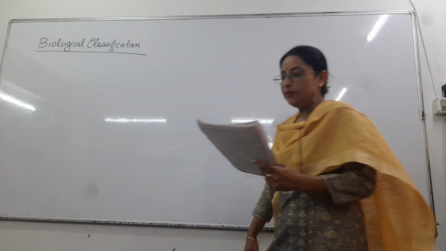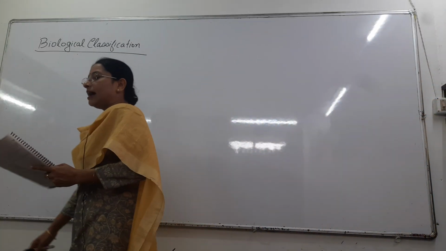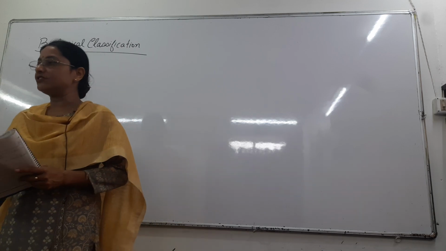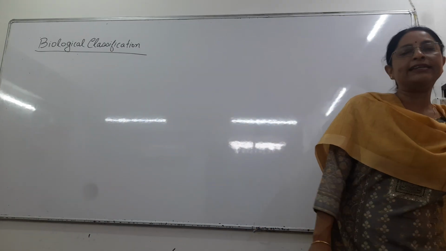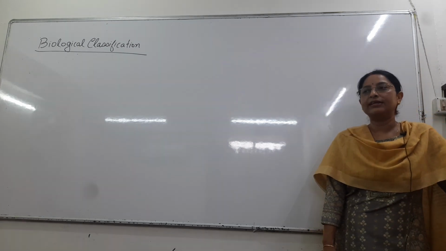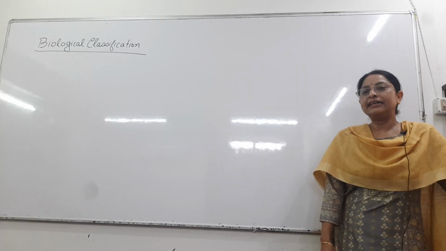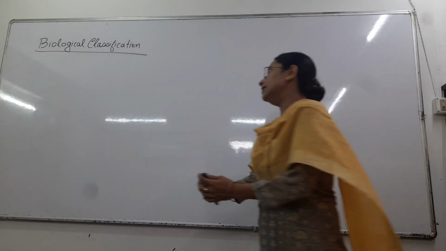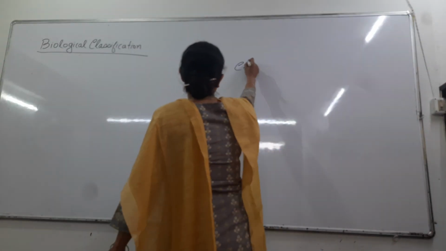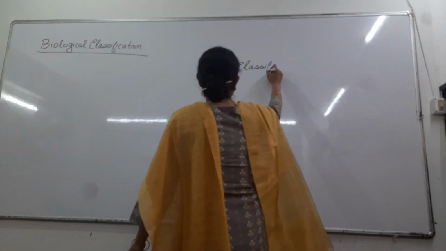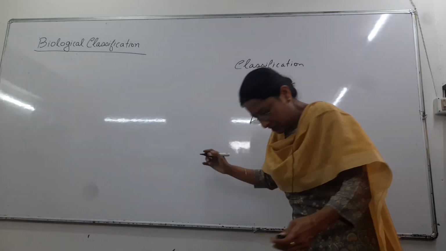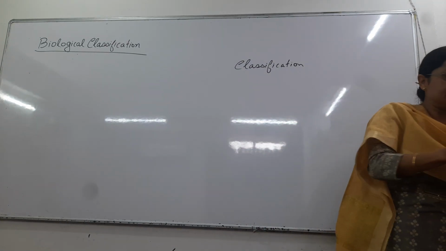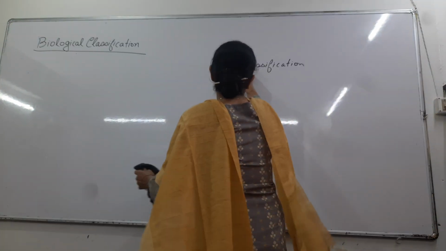So AW Eichler gave the first key, underline the word phylogenetic classification, right? Classification when we say, what we come across is 3 words: one is artificial, one is natural, and one is phylogenetic, right? When we talk about classification, there are different types of classification.